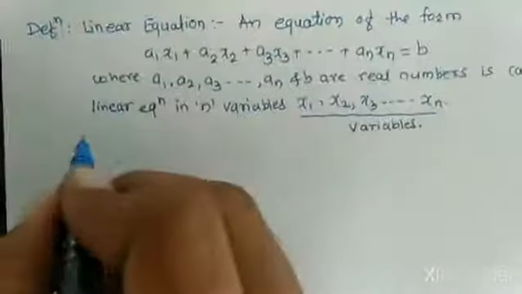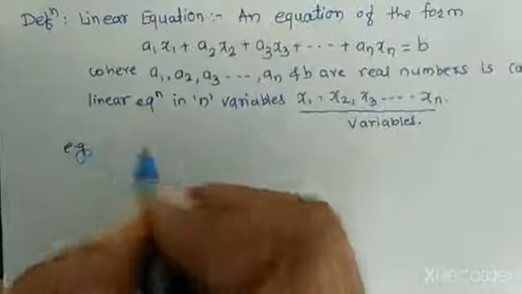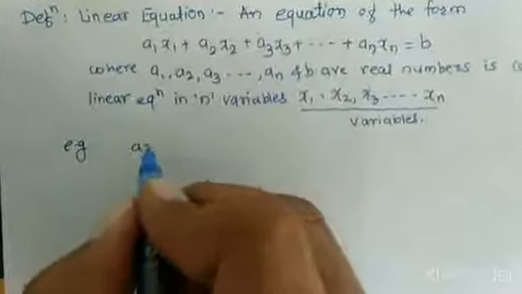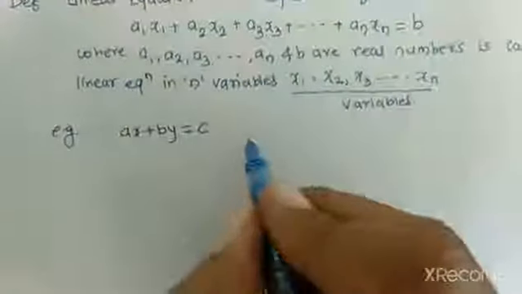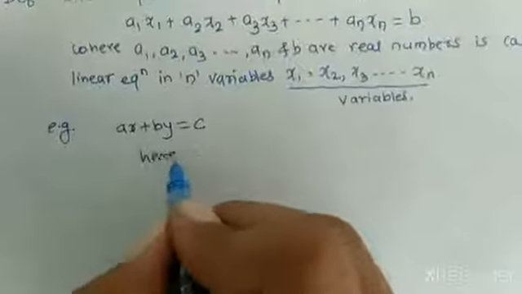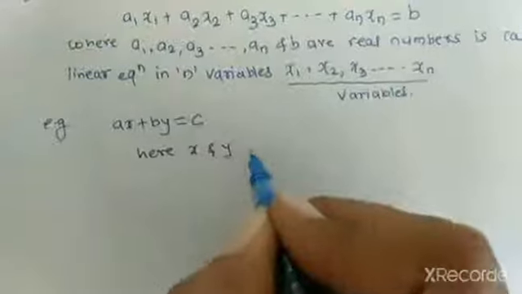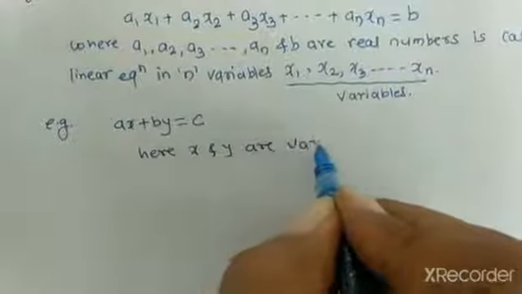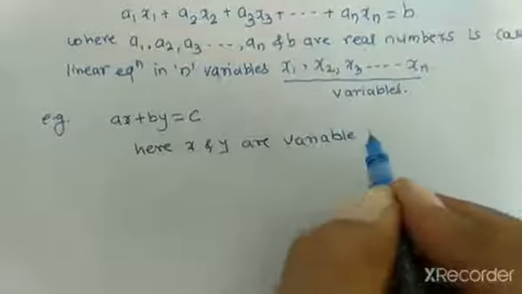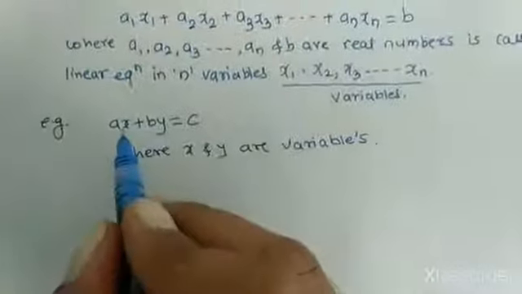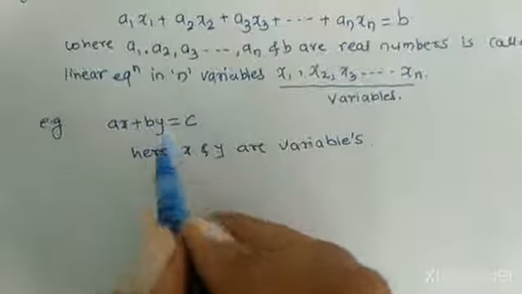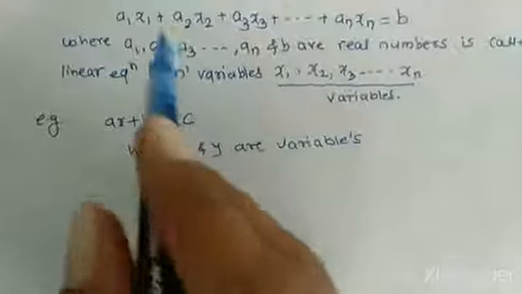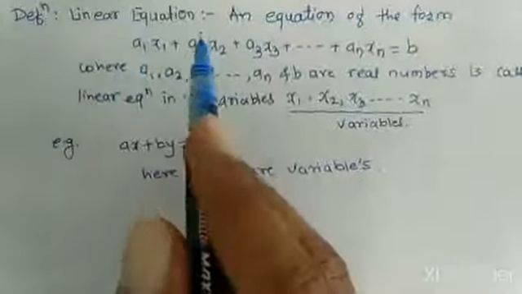For example, consider equation ax plus by is equal to c. Here x and y are variables. If we see that the power of x is 1, power of y is also 1, so it is of the form linear equation.